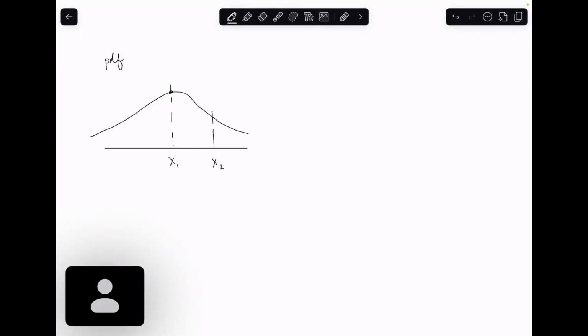So a few things to know about PDFs. The probability that some random X equals a single value is going to equal 0. So for example, if I just take the probability of this x2 value, it's going to equal 0, right?